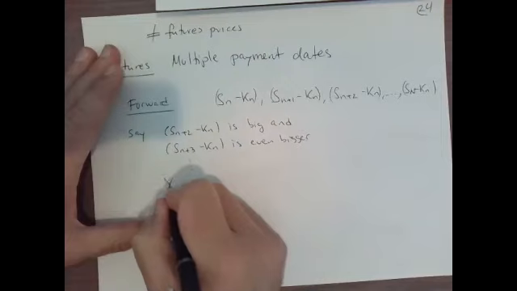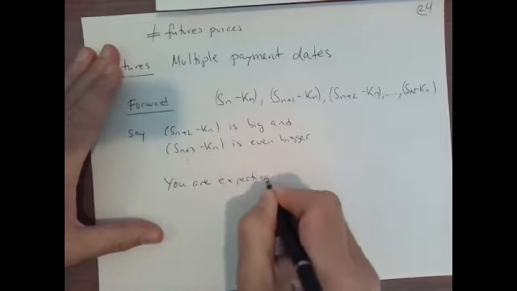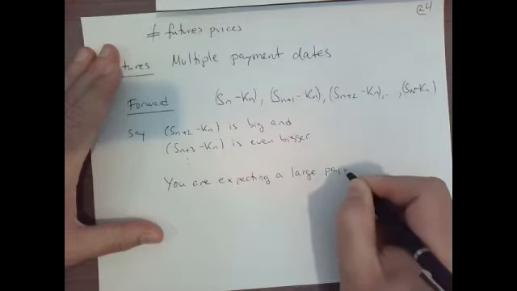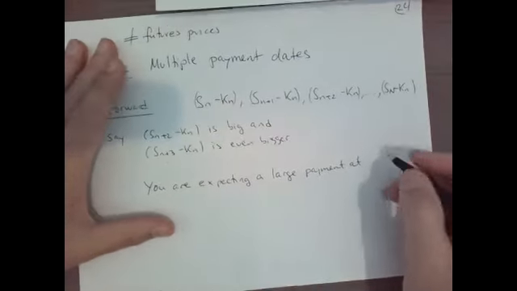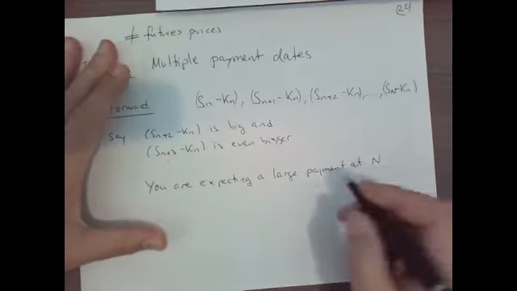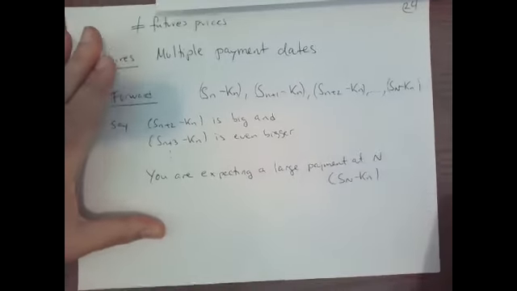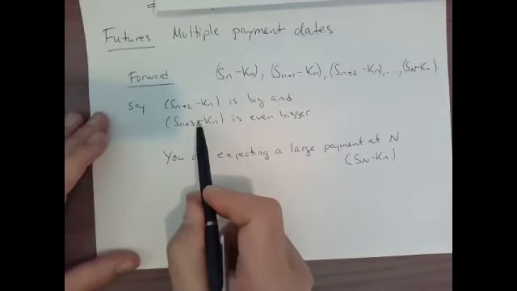This means that you're expecting a large payment at time n, right? The payment you're going to get at time n is going to be Sn minus Kn. But as you can see, over time, it widens up.